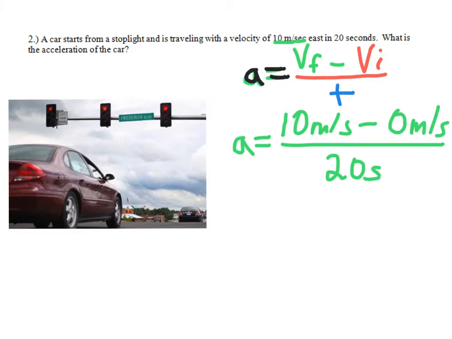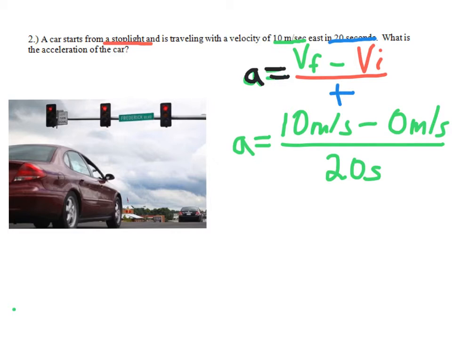So where the time is right here, I'll show you that in blue. And where our V initial is, it starts from a stoplight, so that means it wasn't moving, so it's 0. That's where we're getting the 0 from.